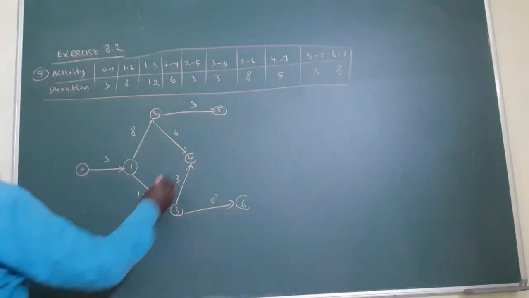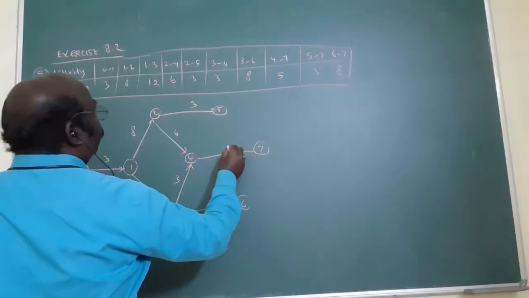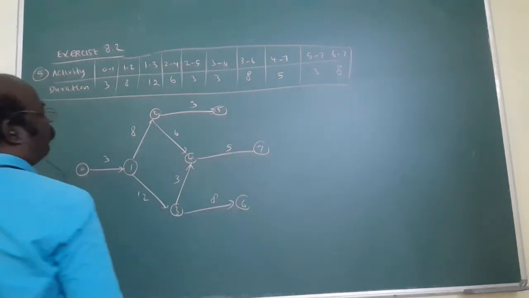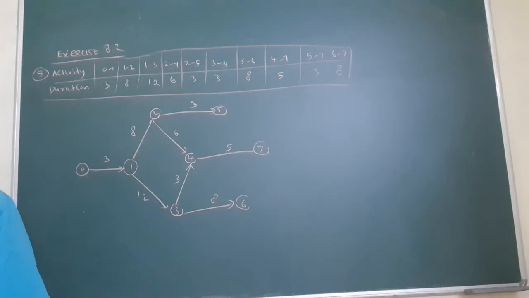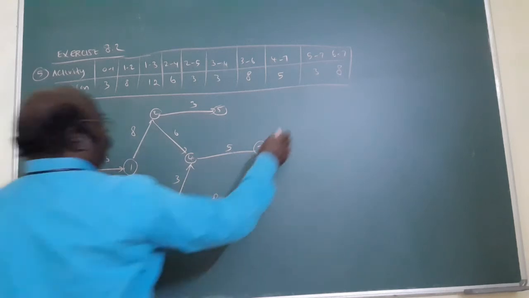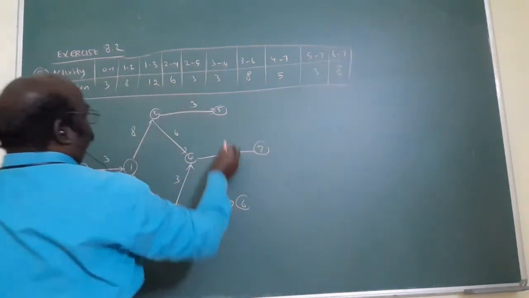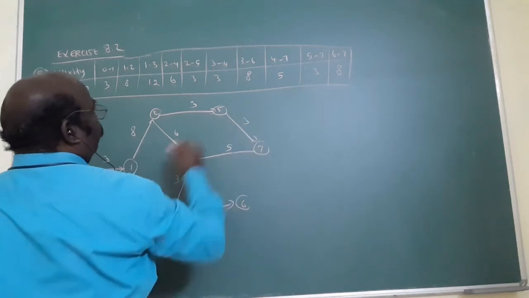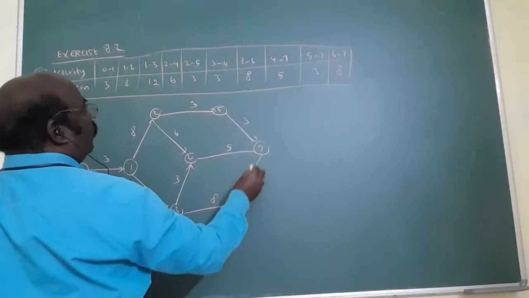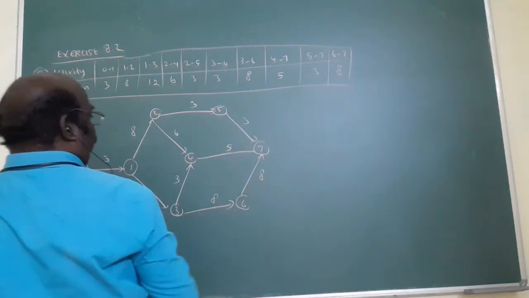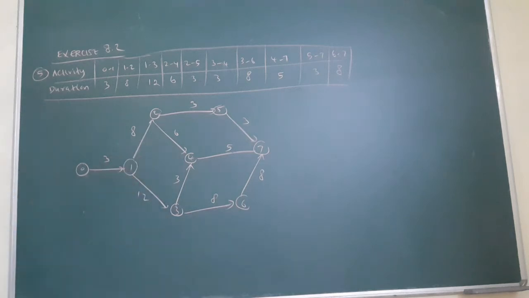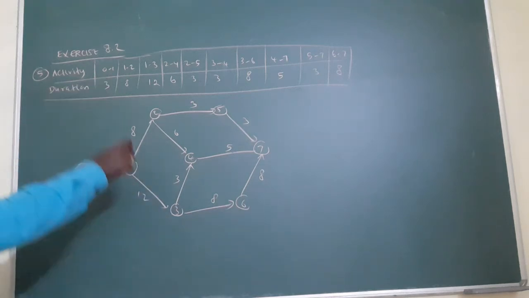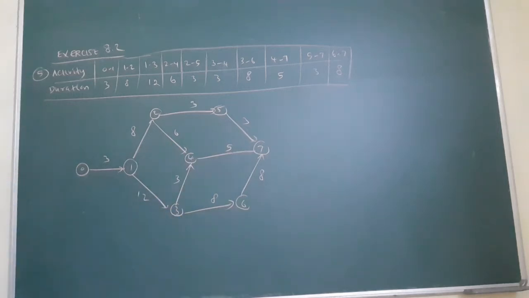Then 4 to 7, 5. Next, 5 to 7, 3. 6 to 7, 8. In this way, complete the diagram. This is the network diagram. From the data, you will complete everything.